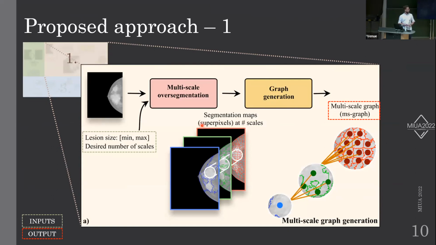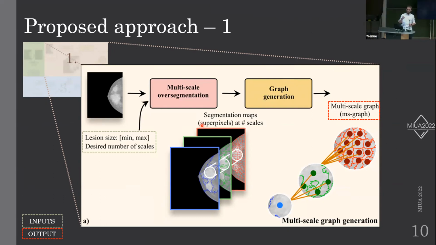For example, a case where multi-scale helps me to find the tumors is when I have a big tumor, which corresponds to the third scale, the biggest one.